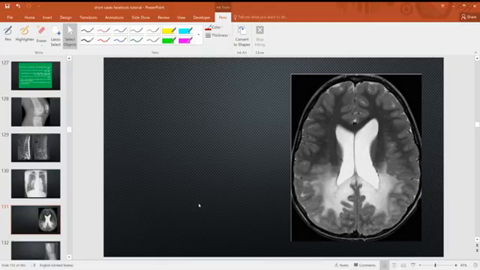This is an 8-year-old patient. What do you think the diagnosis is? Take some time, 10 to 20 seconds, for answering.